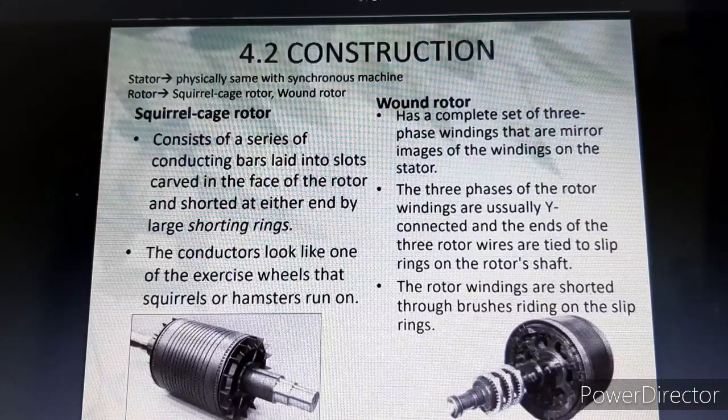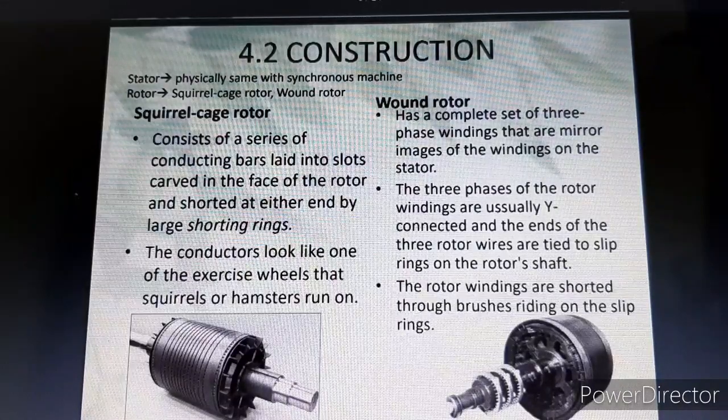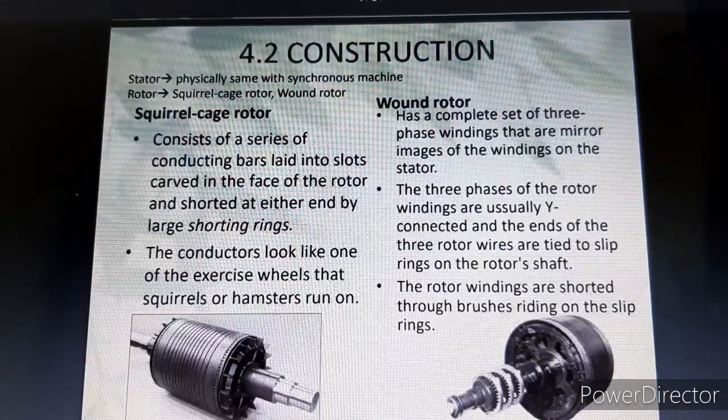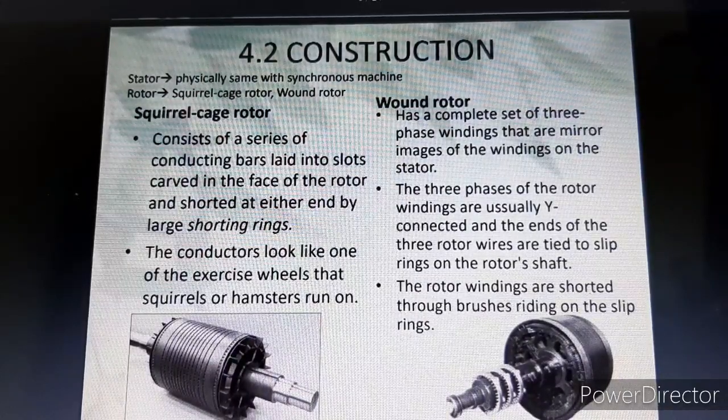For squirrel cage, it consists of a series of conducting bars laid into slots carved in the face of the rotor and shorted at either end by large shorting rings. The conductor looks like one of the exercise wheels that squirrels or hamsters run on. That is why it is called squirrel cage rotor.